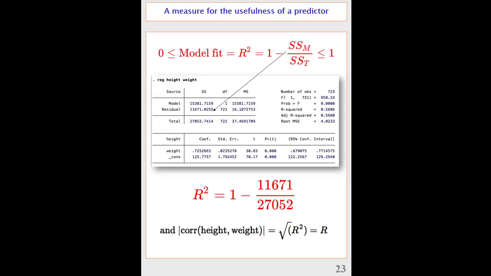But there was a question somewhere over there. So the model is the square of the differences between the mean, and the residual is the square of the differences from the model line? Yes.